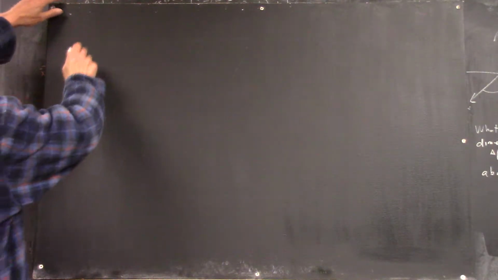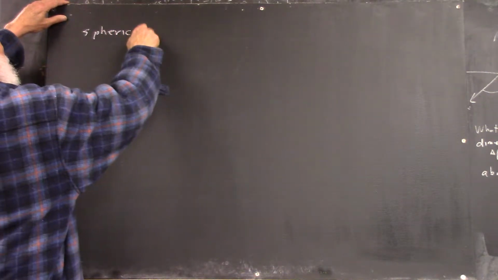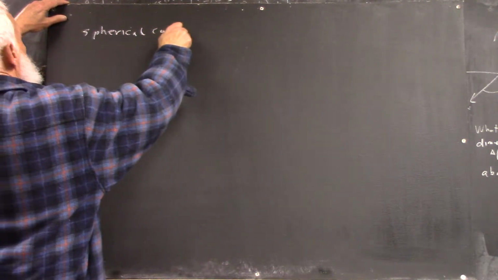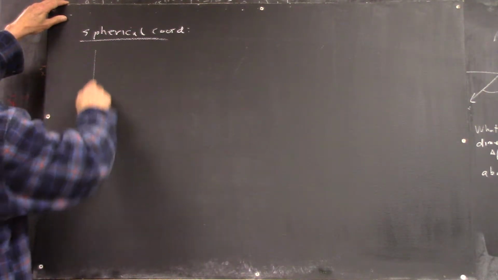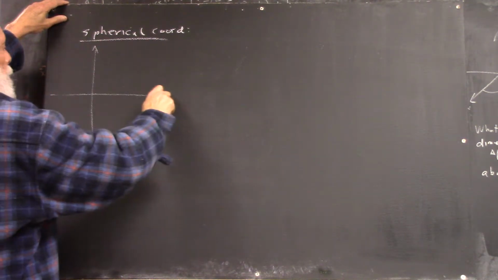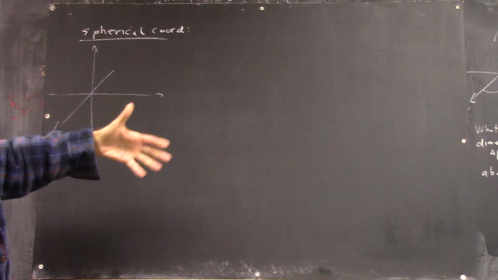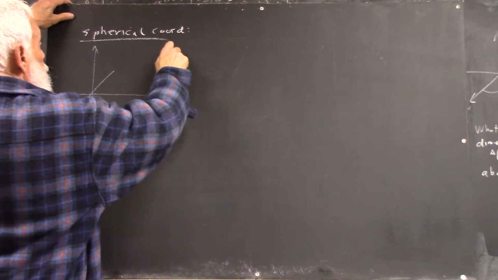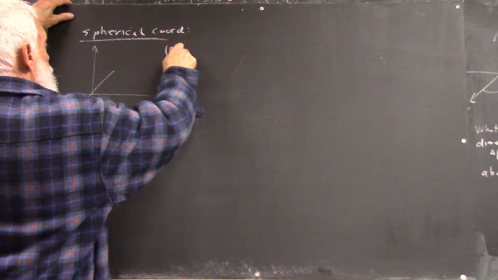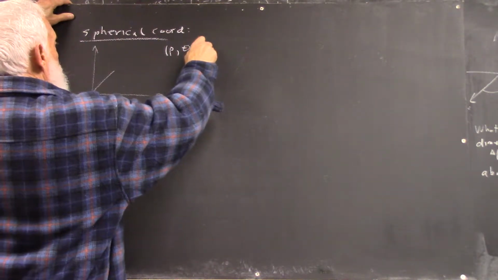Okay, spherical coordinates. Again, using an X, Y, Z coordinate system as a point of reference. In spherical coordinates, your point would be rho, theta, phi.